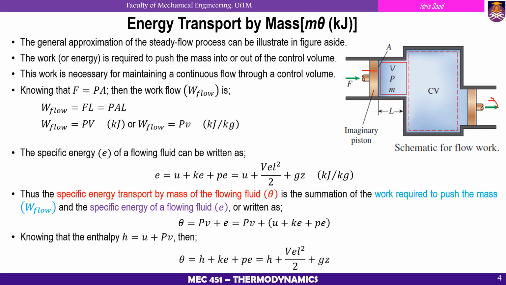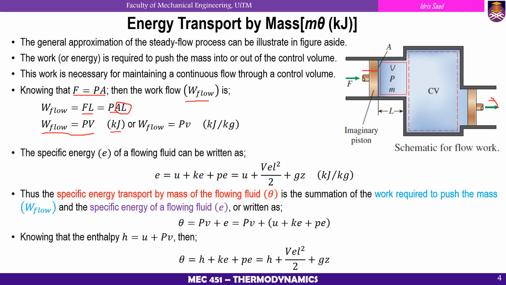Okay. Knowing that force is equal to pressure times area, when we substitute this into the equation of the flow work, which is force times distance, so our force is P times A, then now we can get the flow work is equal to P times A times L. Then we can rearrange this equation since A times L, area times distance, is equal to volume, then our flow work is equal to pressure times volume in the unit of kilojoule.